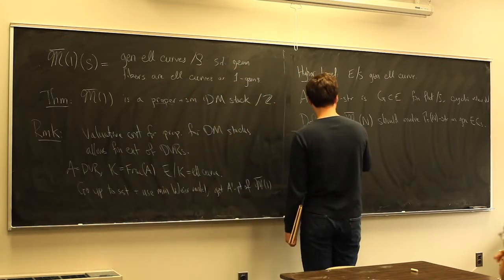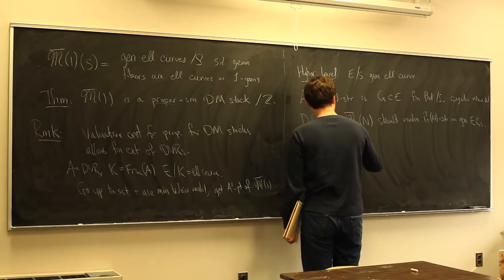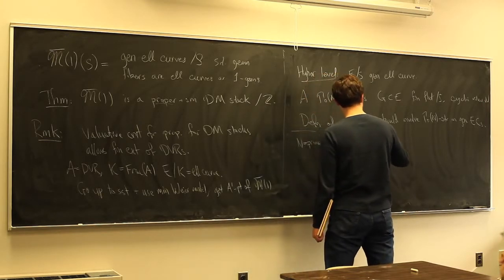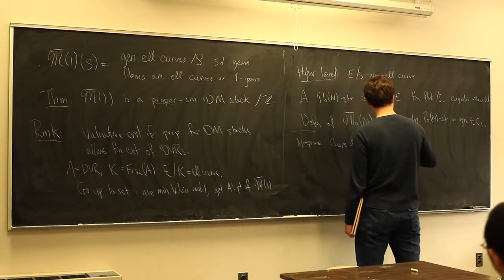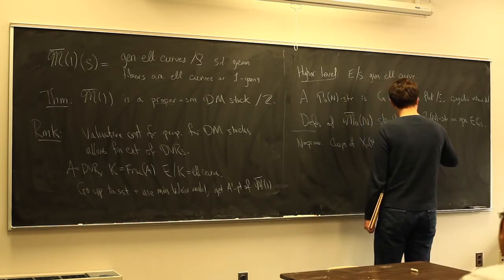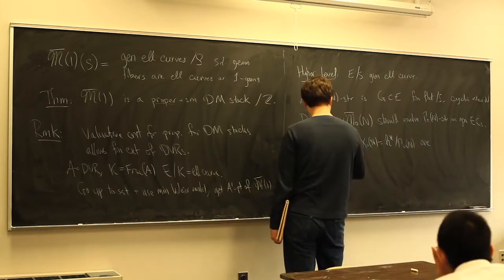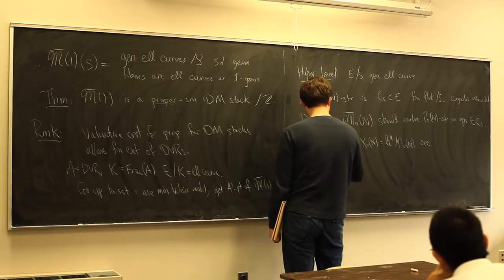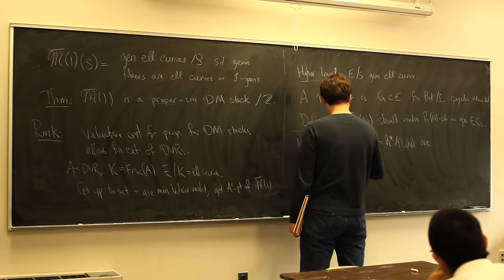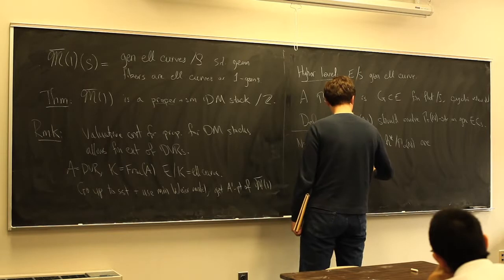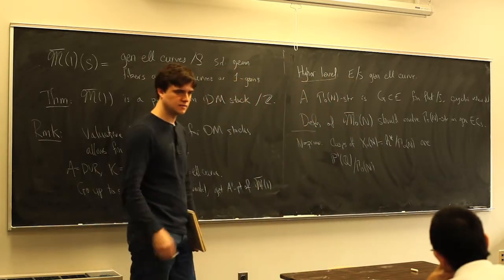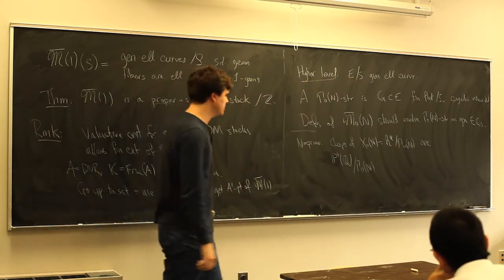So the cusps of X0n, which is H star mod gamma 0n, are, well, you take P1Q and you quotient by gamma 0n. That's what the set of cusps is, just by definition.